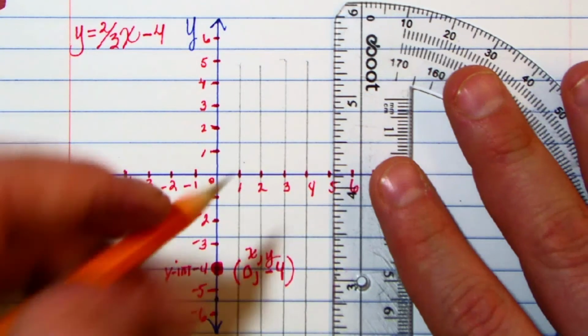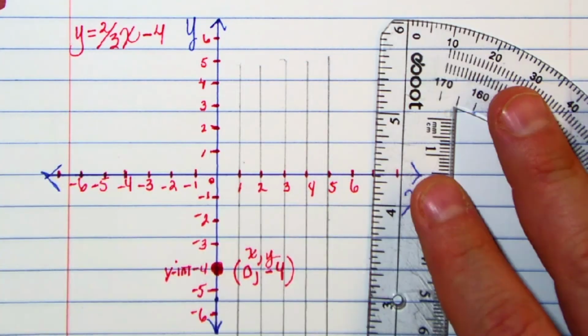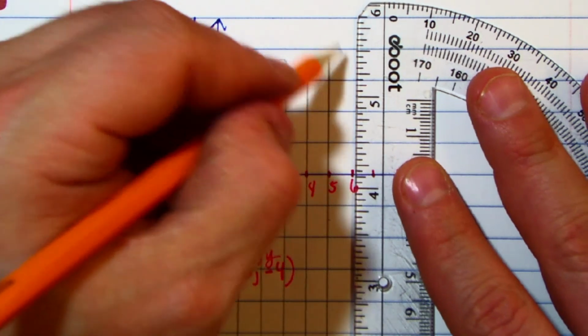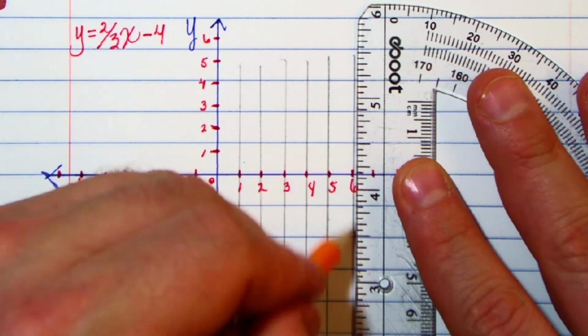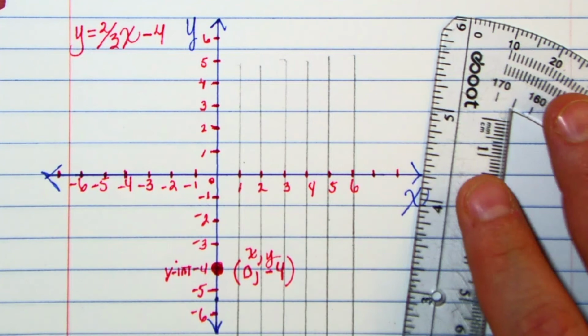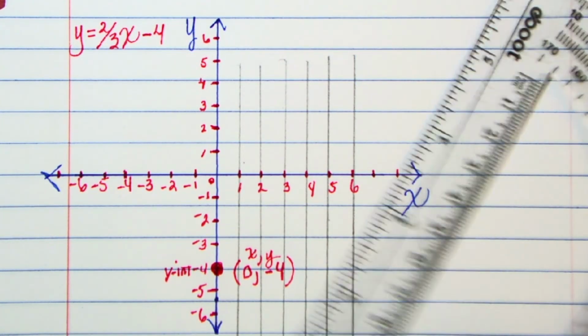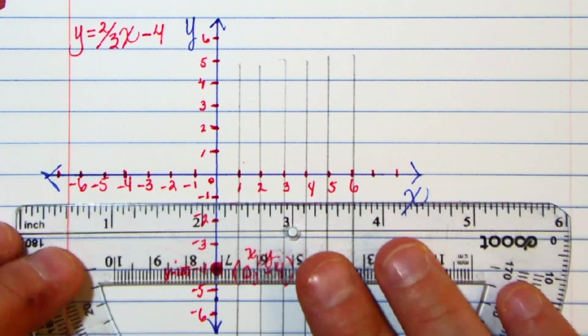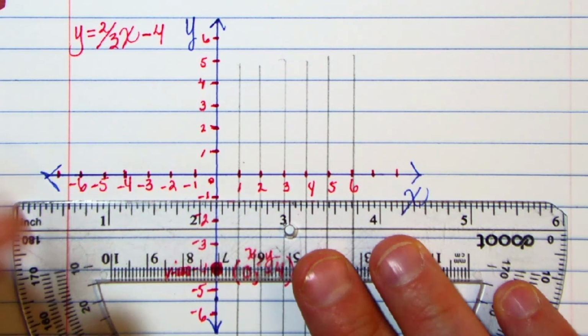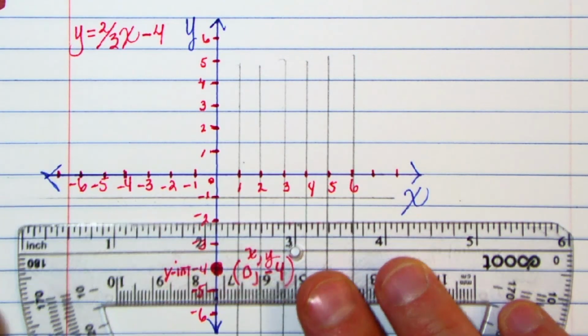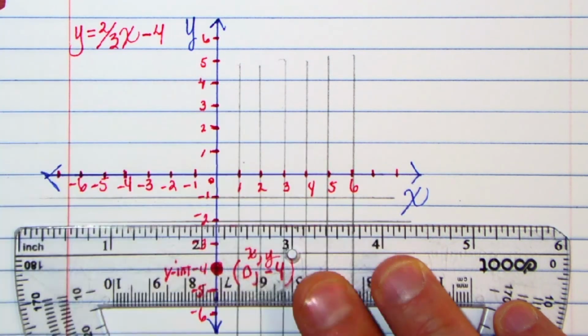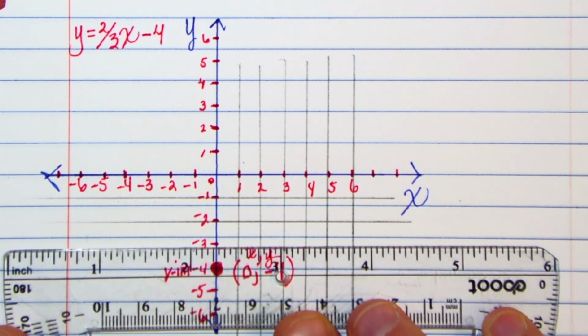This is all about precision. You want these lines going right through those tick marks. So it actually takes a little bit of getting used to. Do the same thing vertically and horizontally. You're basically creating graph paper on this piece of paper.